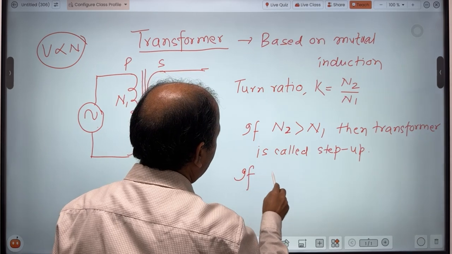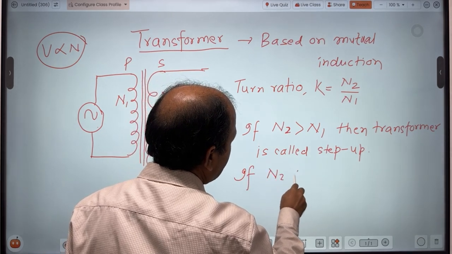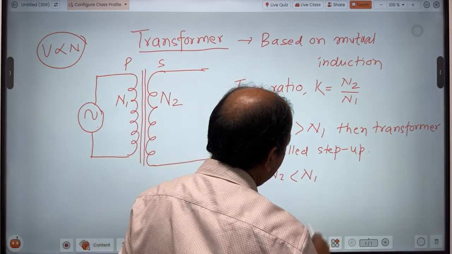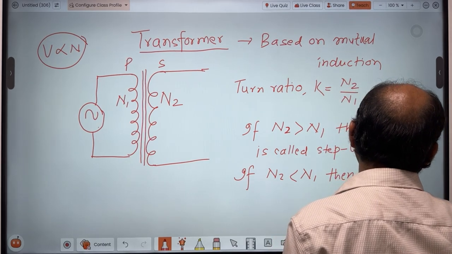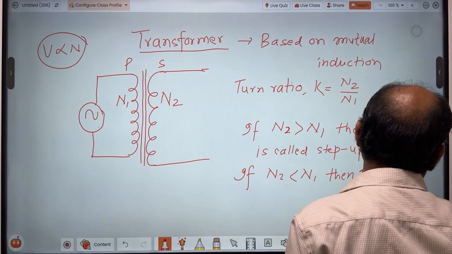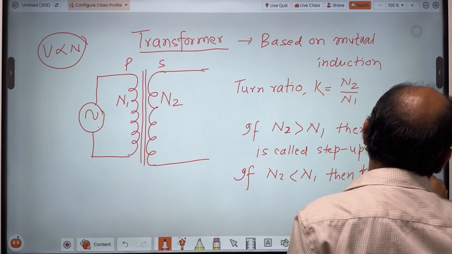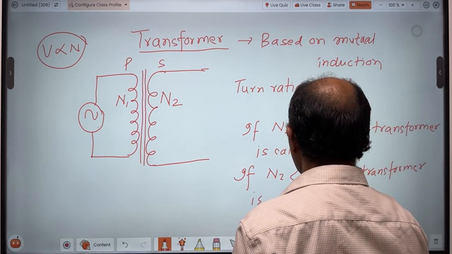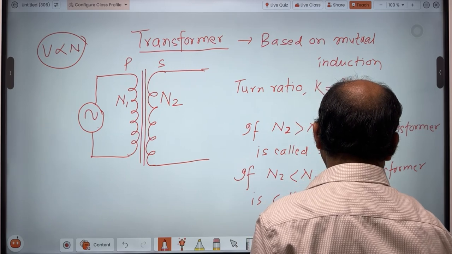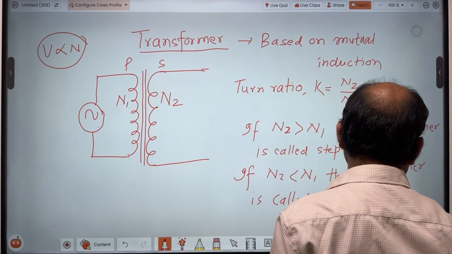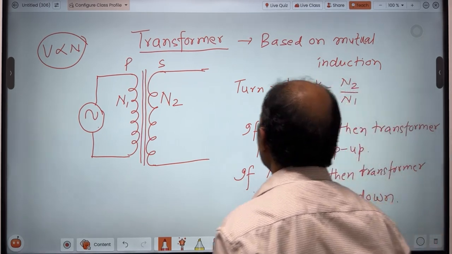Similarly, if N2 is less than N1, then the transformer is called step down, right?